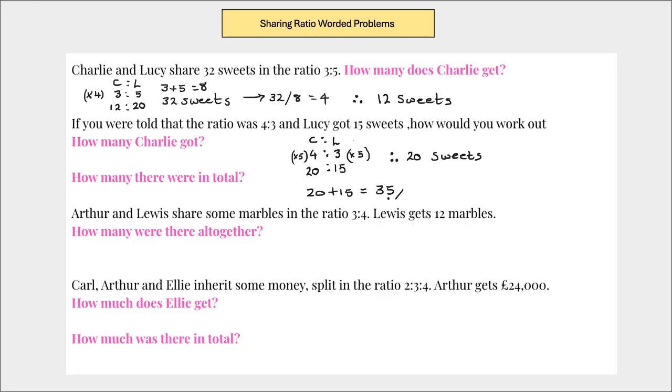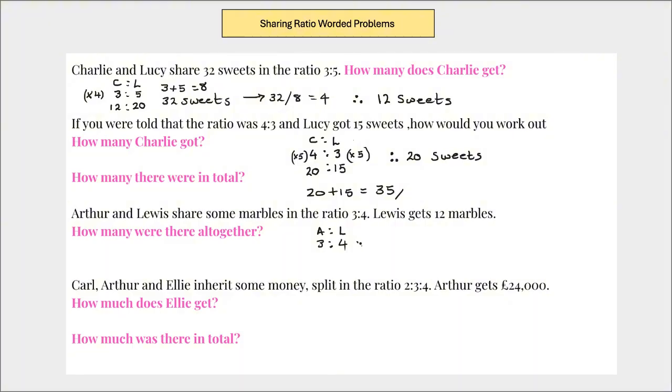Next one. Arthur and Lewis share some marbles in the ratio 3 to 4. So Arthur and Lewis, and it's 3 to 4, in the order, Arthur and Lewis. Lewis gets 12 marbles. So how did we get that 4, Lewis, to 12?